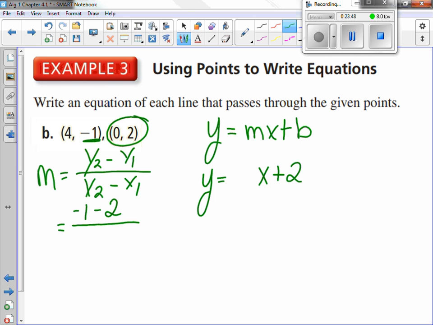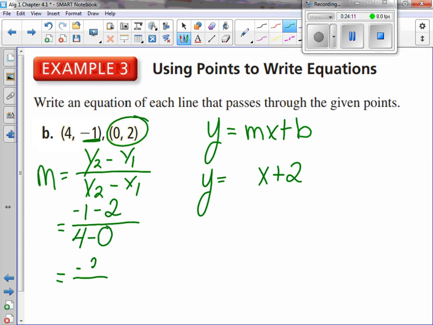Well, since negative 1 went first, what value has to go first on bottom? 4, because whatever y value goes first, its x value has to go first on bottom. 4 minus 0. Well, negative 1 minus 2 would be negative 3. 4 minus 0 is 4. Will that reduce? Will negative 3/4 reduce? No. So we can go on and plug it back in.